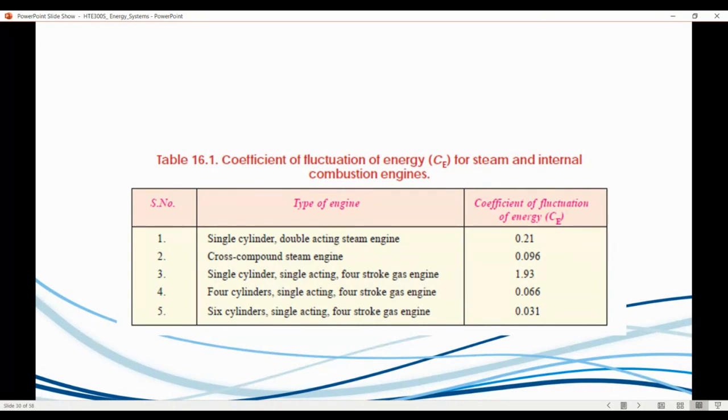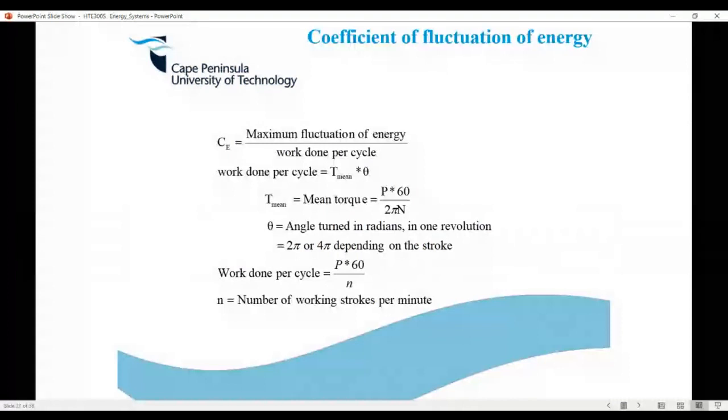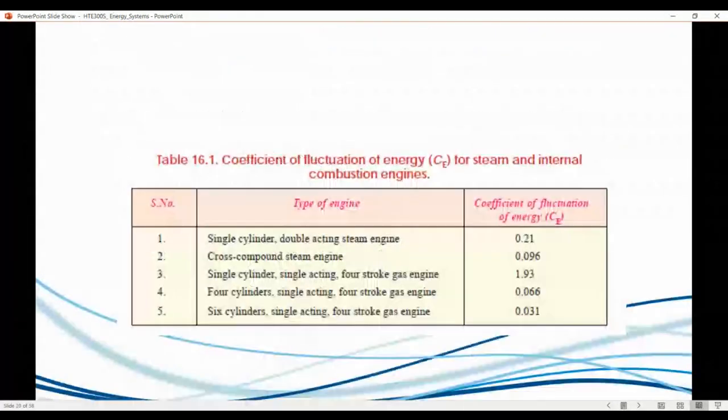On a more advanced level, if they're building new vehicles, when they're not electric vehicles, they'll do the torque diagram and measure everything up. They'll do the calculations and say, oh no, our coefficient of fluctuation of energy is 0.2. Nope, that's not enough. We need it to be within a specific range. So that's the idea there: different types of engines have different coefficients, which is just the maximum fluctuation of energy divided by the work done per cycle.